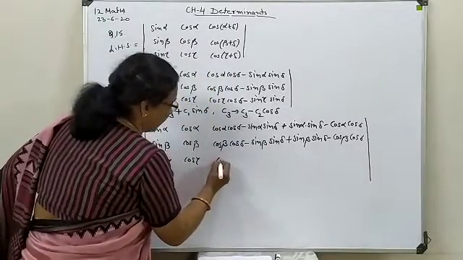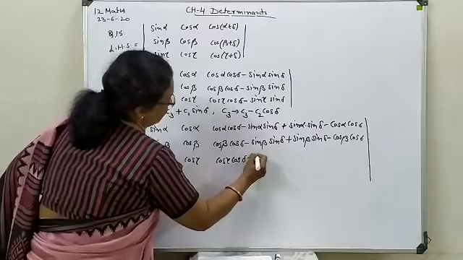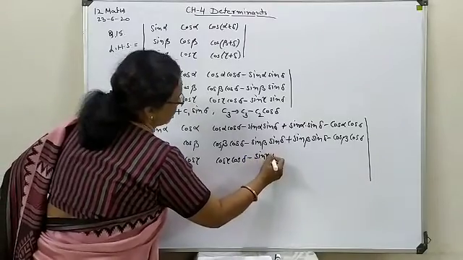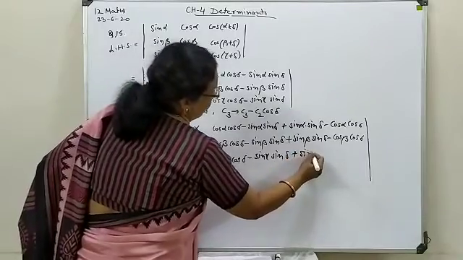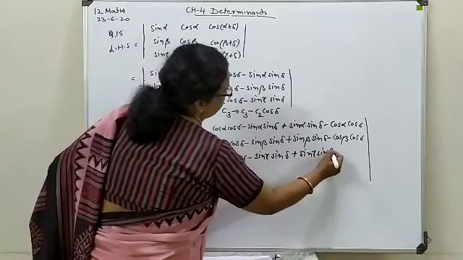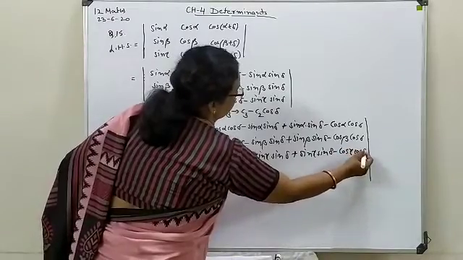Here also the same with the gamma combination: cos of gamma cos of delta minus sin of gamma sin of delta, plus sin of gamma sin of delta minus cos of delta cos of gamma.